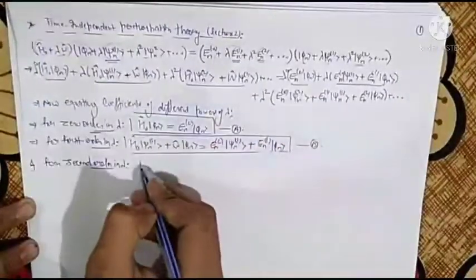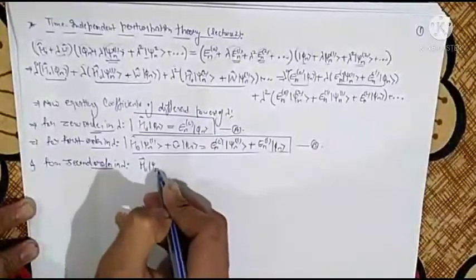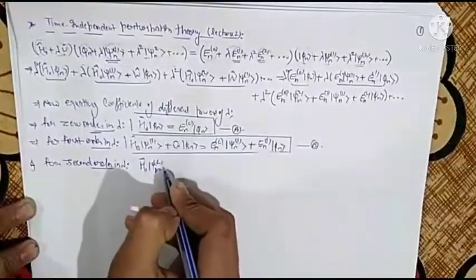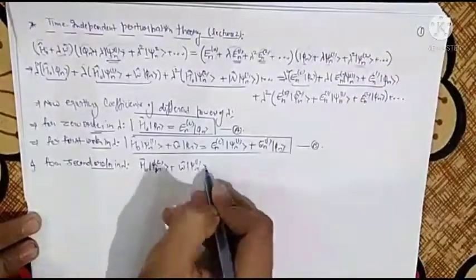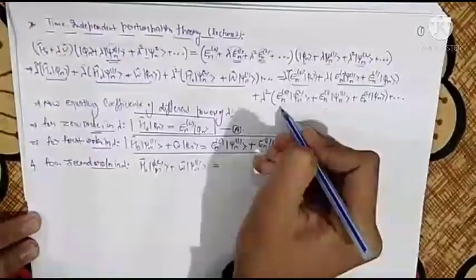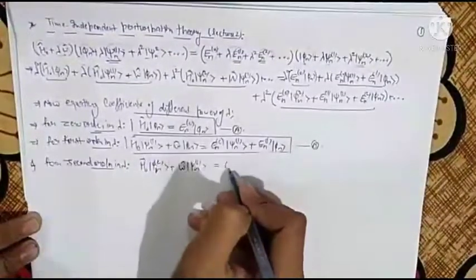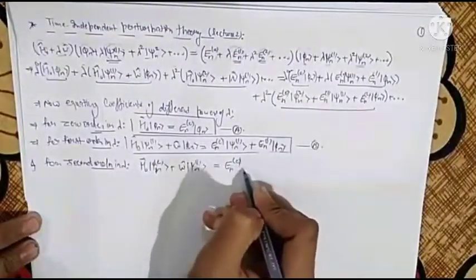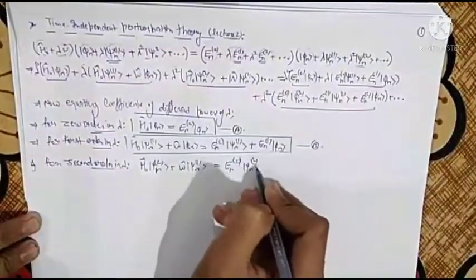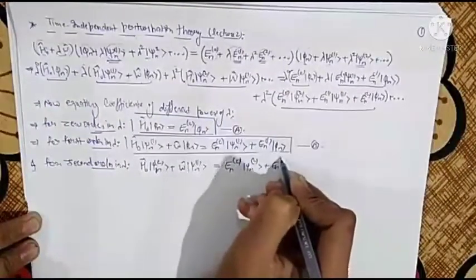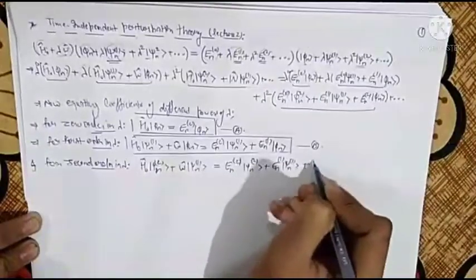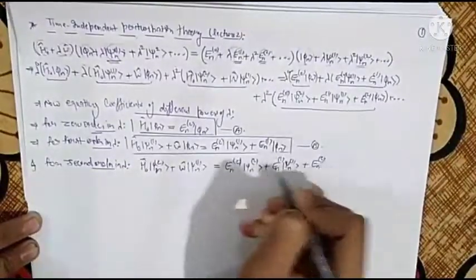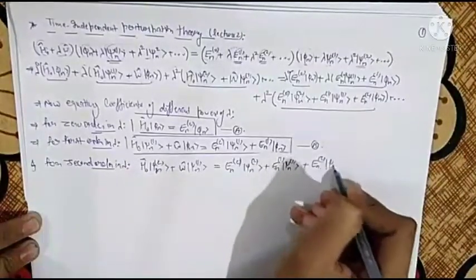On the left hand side, it is H naught psi n2 plus W psi n1, and on the right hand side, this is the coefficient of lambda power 2. So just write it: E2 phi n, right?